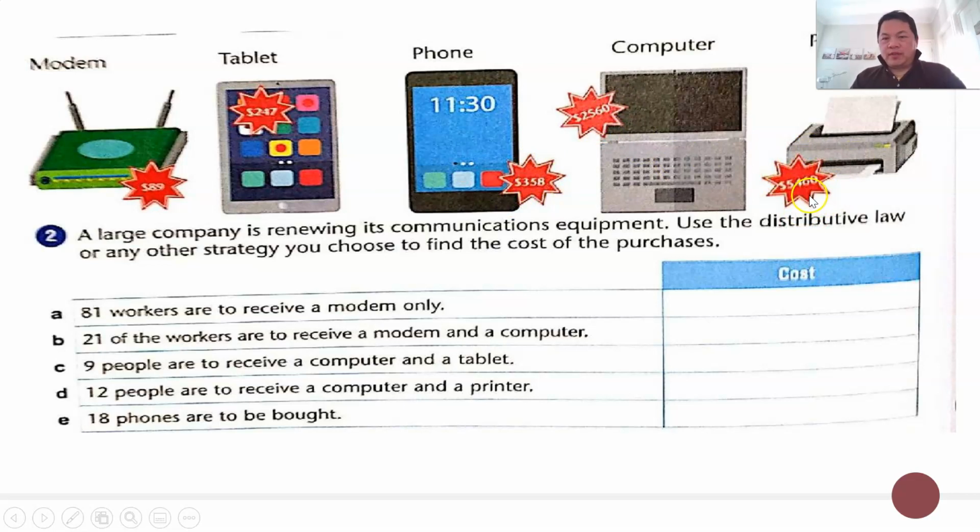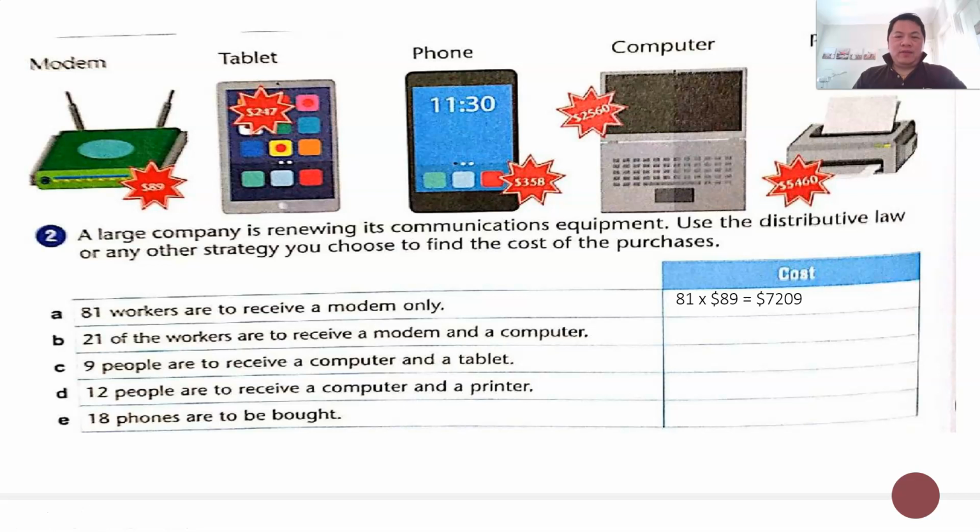Wow, the printer is so expensive, huh? Now the large company wants to find out the amount of money they need to spend to buy equipment for the workers. For the first one, 81 workers receive a modem only. Each modem costs $89. So the cost will be 81 times $89, which is $7,209.